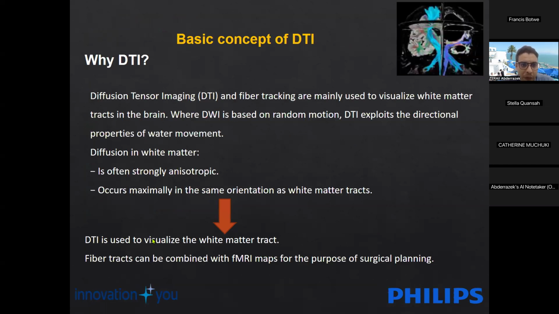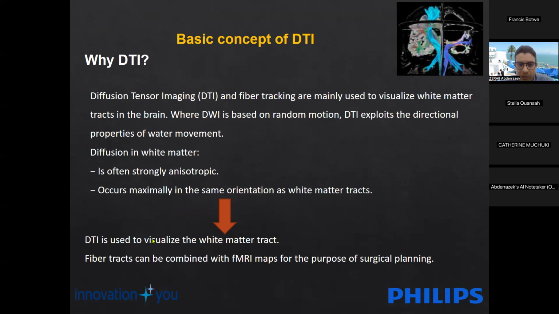So one of the basic concepts of diffusion tensor imaging and fiber tracking is to visualize the white matter tracts in the brain, where diffusion weighted imaging is based on the random motion of the molecules of water.